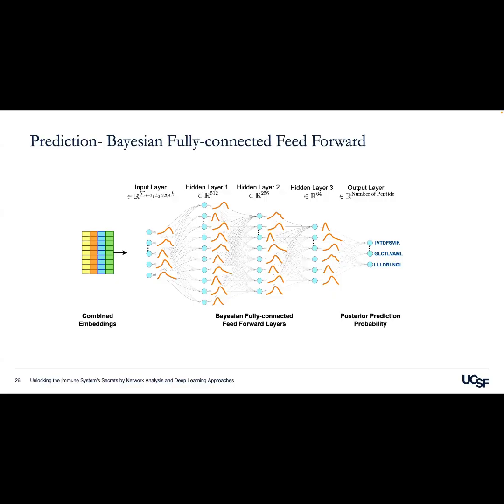So by using the Bayesian method, we want to introduce uncertainty into the whole prediction method. In the end, for each TCR and peptide pair, you have a posterior distribution, and for each posterior distribution, we draw 200 samples. We use the median probability as the decision, choosing the highest median probability as our decision.